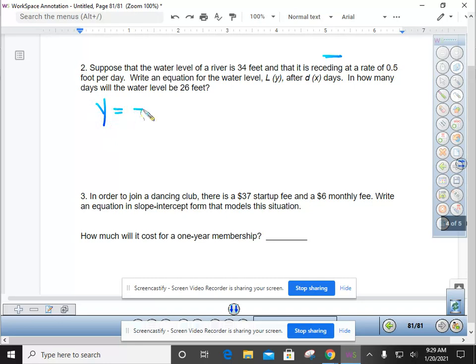So I'm going to do this. Y equals negative 0.5x. And we started at what? 34. Okay, so the y is the water level, and the x is the days. So I helped you write that equation. You can solve it on your own by reading the question.